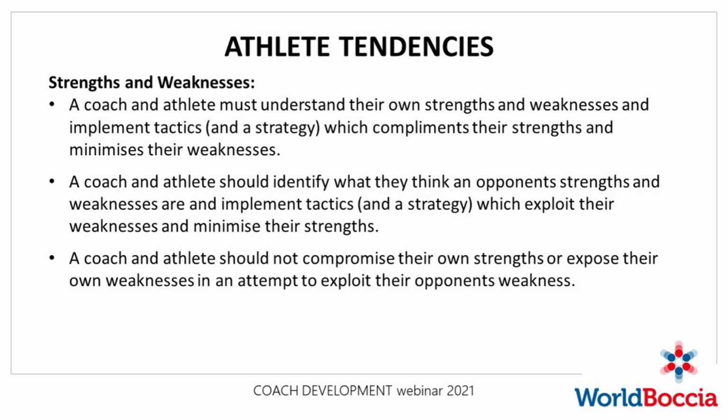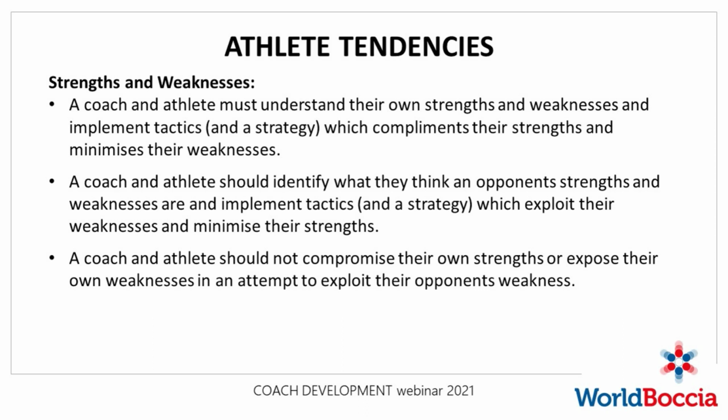So this can be prevalent in BC3s. A BC3 with good trunk control can use their box to find really sharp angles which their opponent might not be able to. And if we're talking about exposing an opponent's weakness, this might be playing a longer jack based off the knowledge that your opponent struggles to throw softer balls past a certain distance, for example, 6, 7, 8 meters.